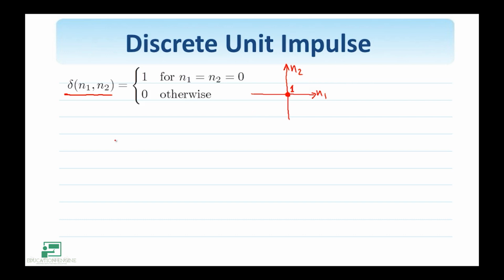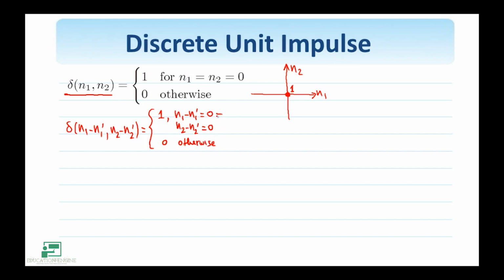I can shift the delta around, so I can write delta(n1 minus n1 prime, n2 minus n2 prime), and then according to the definition, it's equal to 1 as long as the arguments are equal to 0 and 0 otherwise.